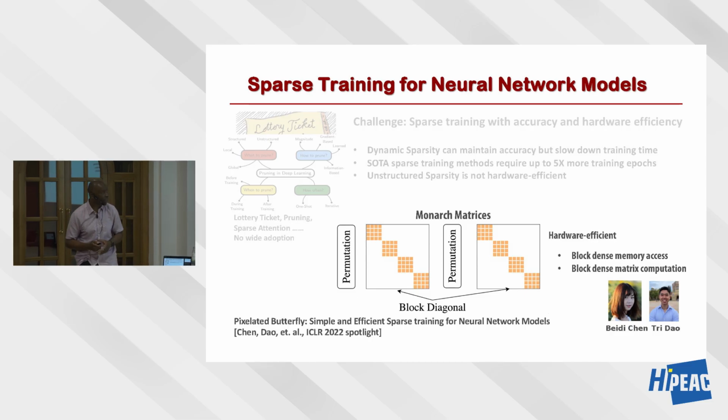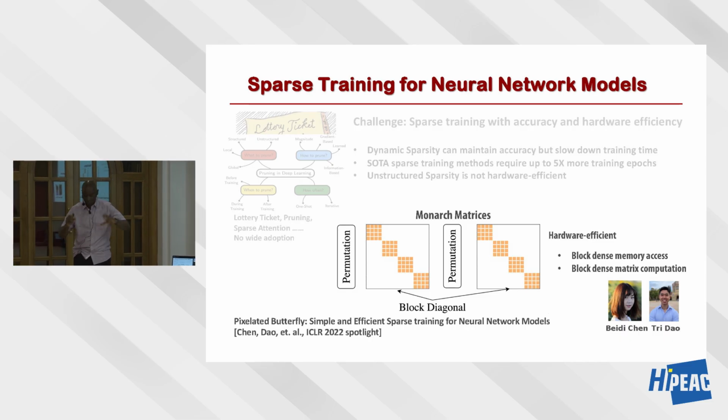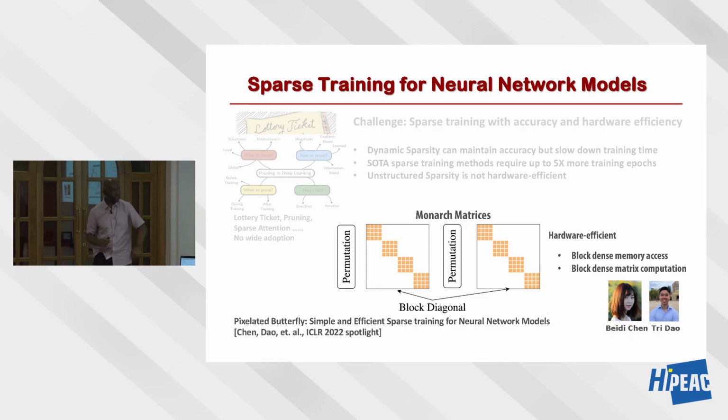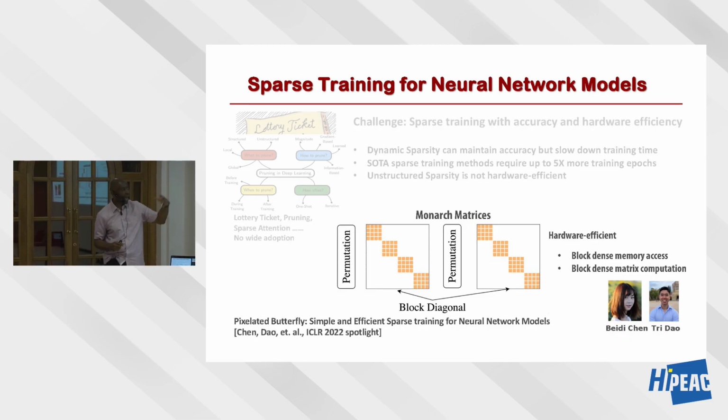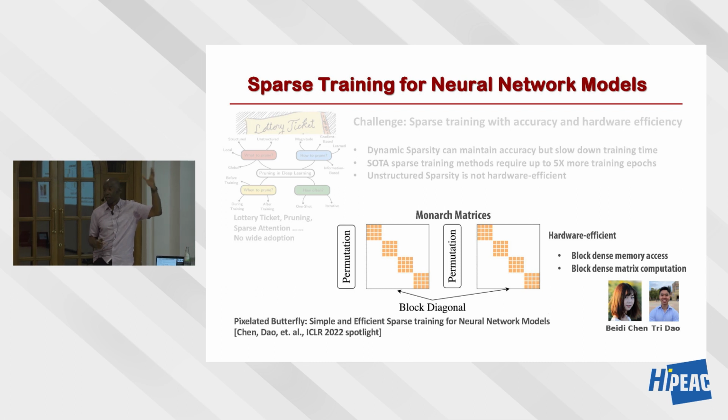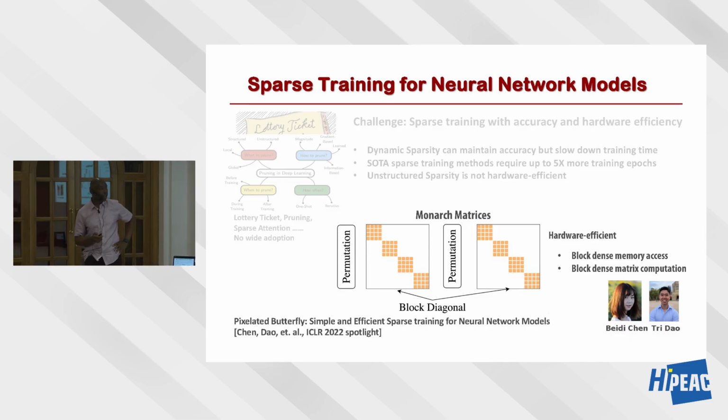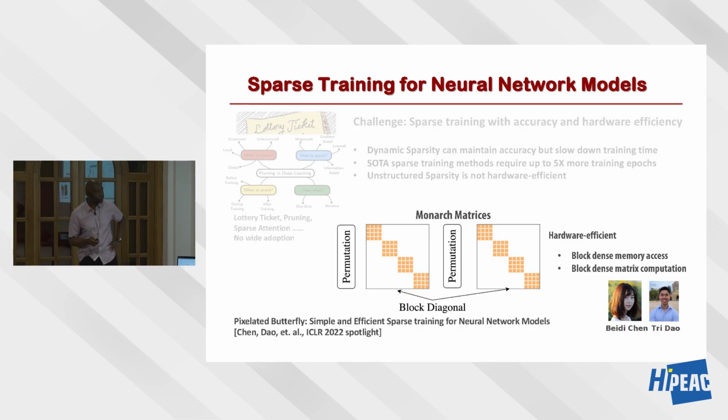And so the idea of using monarch matrices is the idea of basically blocking. You don't want unstructured sparsity because you can't compute efficiently with unstructured sparsity. What you want is block sparsity, and if you use block sparsity, you can now show that you can get a model that is just as accurate as you would have with a dense computation, and also the block sparsity is something that can be run efficiently on an accelerator.